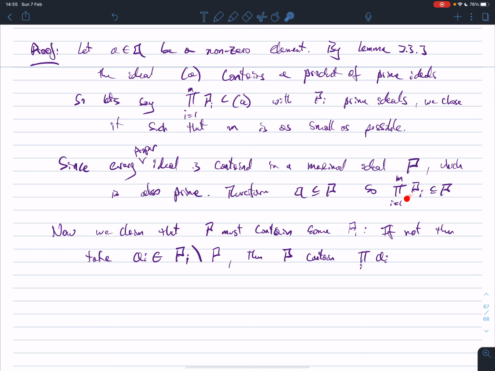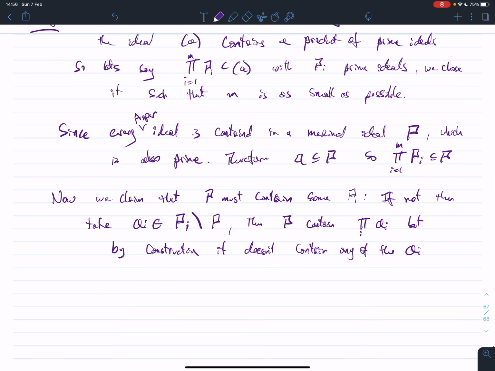Each a_i lives inside one of these copies of the P_i, so their product is contained in my ideal by this equality here. So P contains this product, but by construction it doesn't contain any of the a_i, and this contradicts P being a prime ideal.